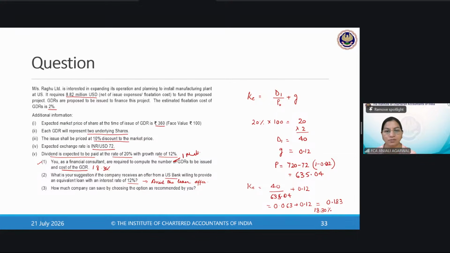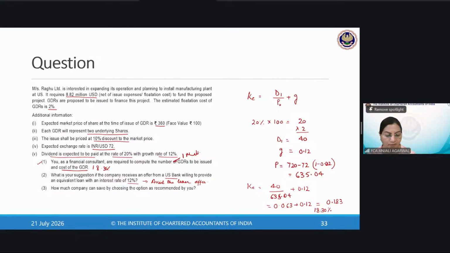So how much will you save? The amount that would be saved: 8.82 million into 12% will cost you 1.0584 million. Otherwise, it was costing us 8.82 into 0.1830, so 1.61 million USD.